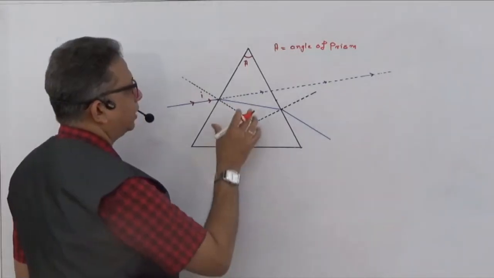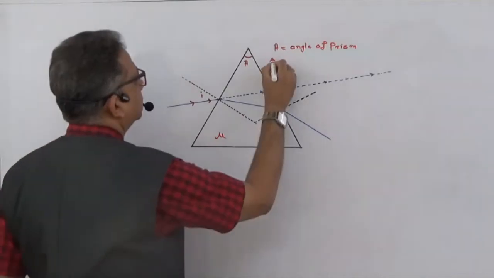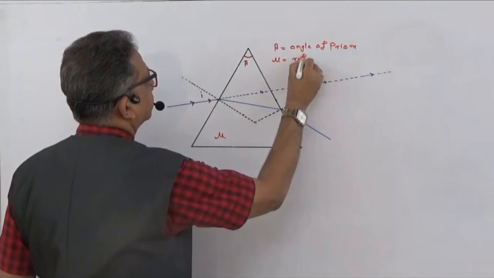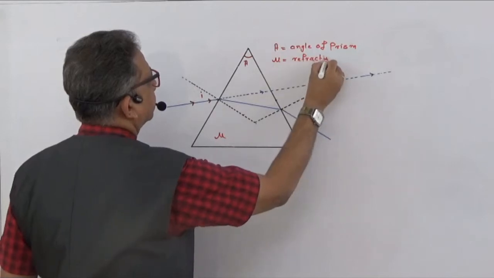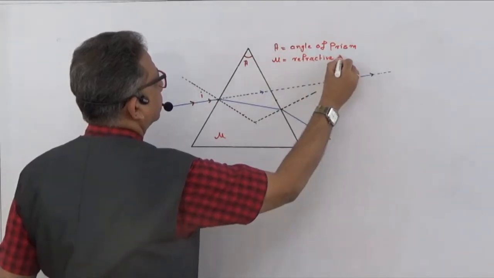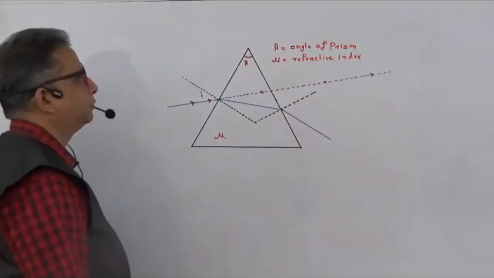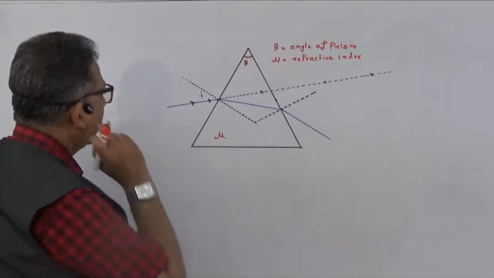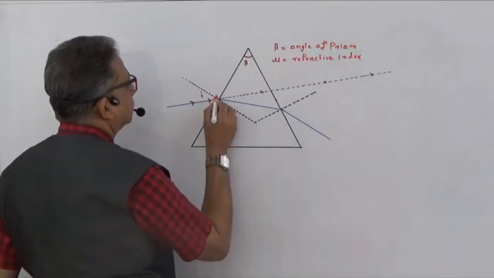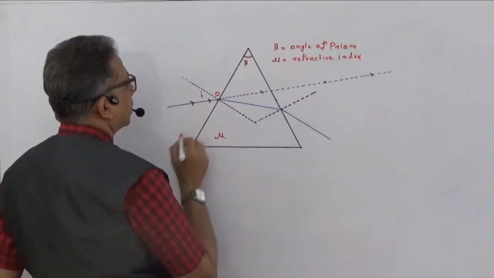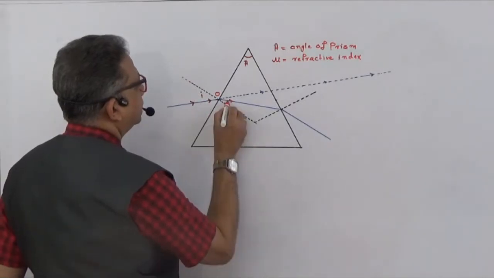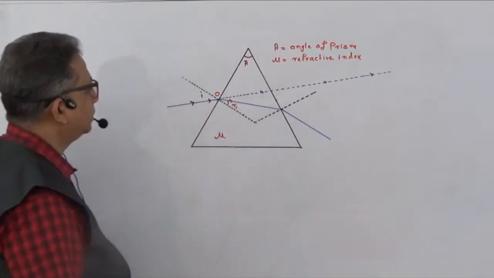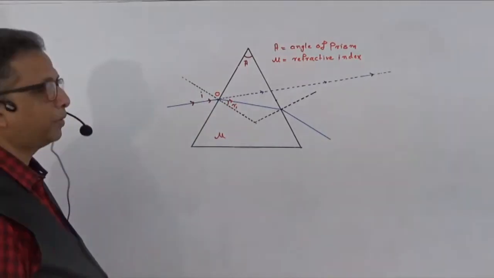So this is the refractive index of this glass, which is given as mu. As you see, it is incident on this point O, so definitely it will get refracted inside this material, and this is going to be the angle of refraction R1.